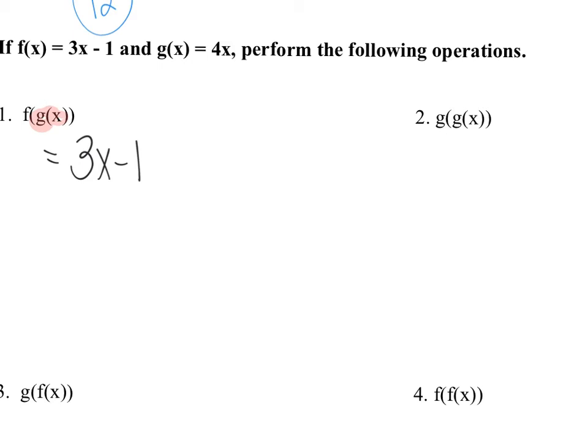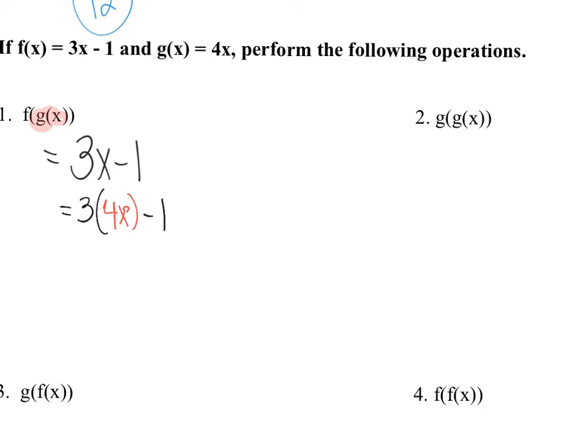We're not multiplying, right? These are composition. The first four are compositions. There's no operations being done there. Okay? So, what am I plugging in for x? What function am I plugging in? I'm plugging in g of x every time I see an x, okay?